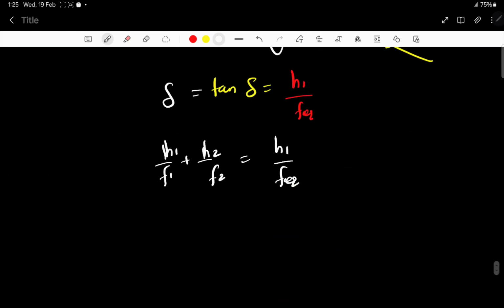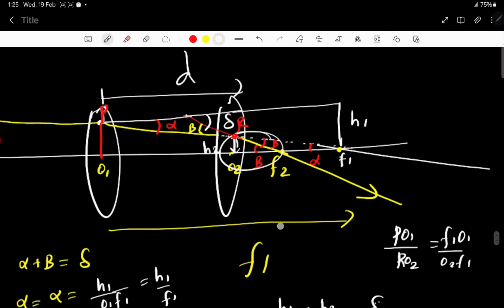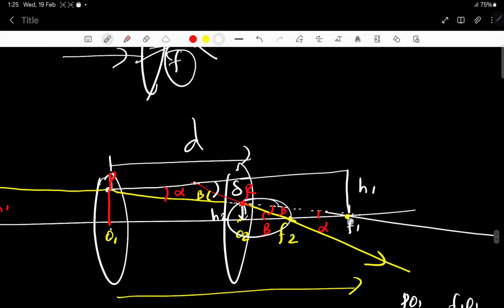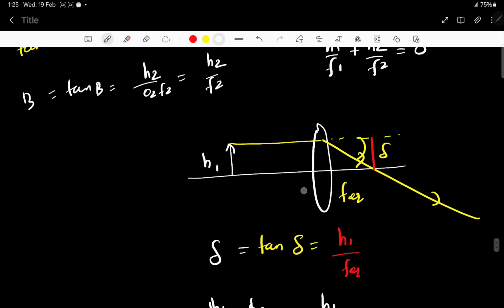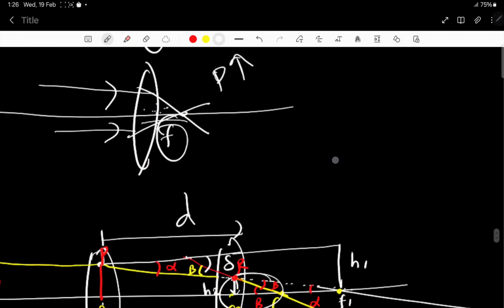So I got the relationship PO1 by RO2 equal to O1 F1 divided by O2 F1. It is nothing but H1 by H2 equal to F1 over O2 F1.